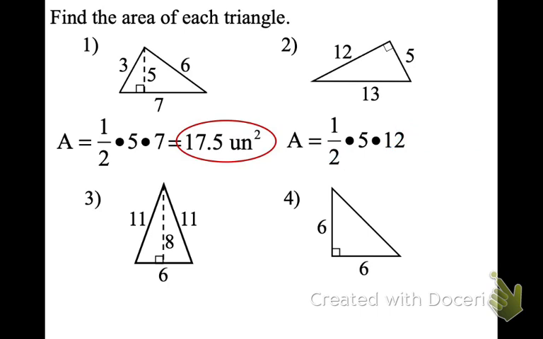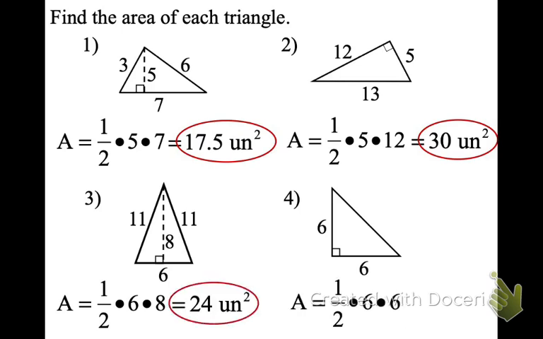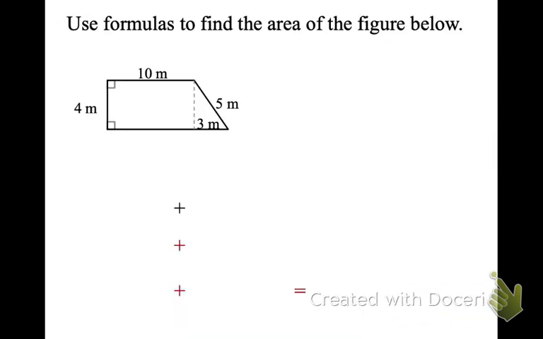But you can do 1/2 times 60, which is 30. Okay? Number 3, your base is 6, your height is 8. Number 4, your base is 6, your height is 6.